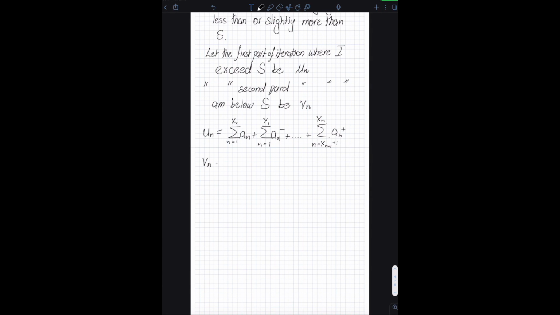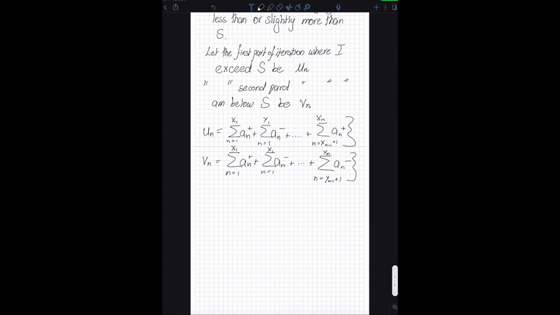And v of n is going to be the summation from n equals 1 to x1 of a of n, the same stuff, n equals 1 to y1 of a of n negative, plus all the way up to the summation from n equals y of n minus 1, plus 1 to y of n of a of n negative. Of course, this is plus and this is also plus. Essentially, every time I do a step like this, I'm going to be at a point that is greater than s, and every time I have a step of this form, I'm going to be at something below s.